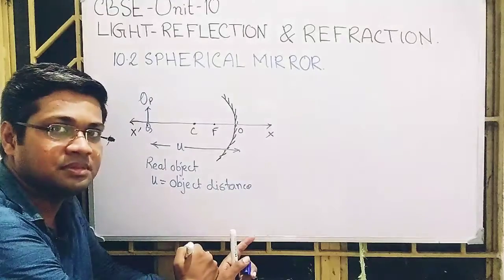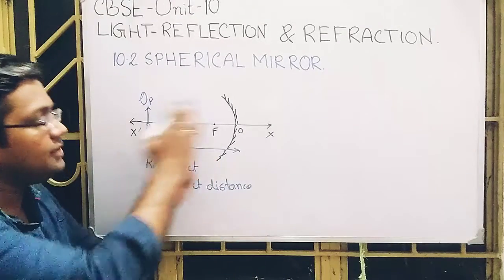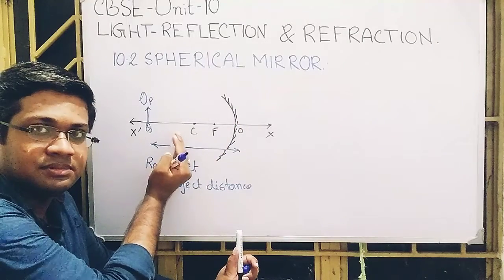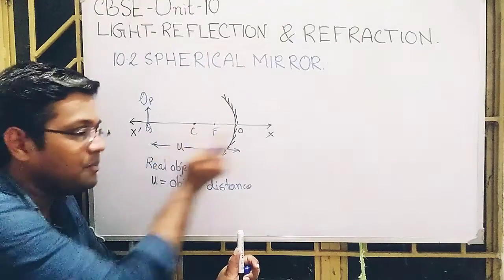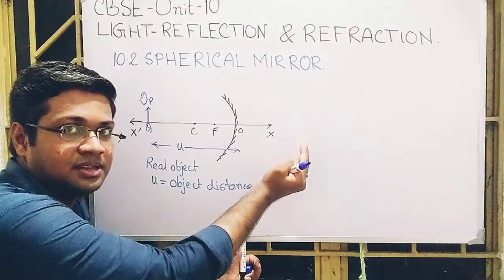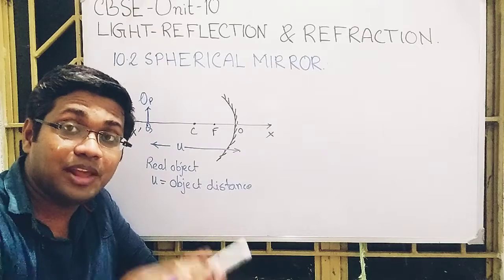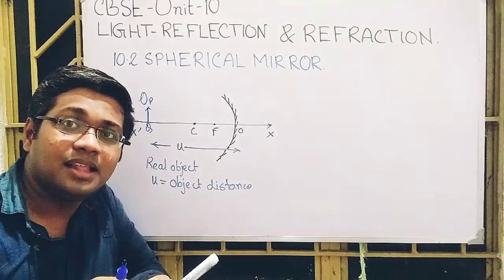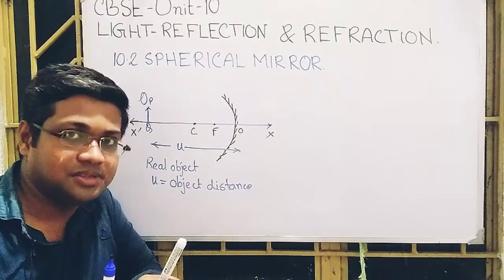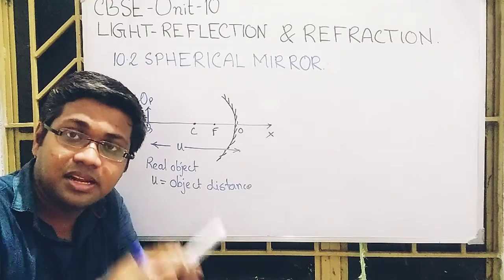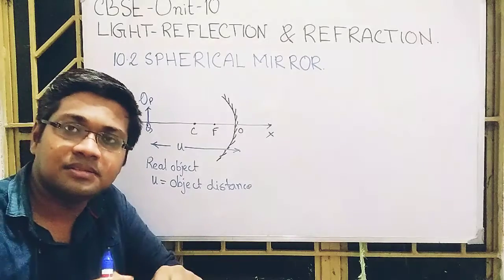Now after reflection, the images may be formed on this side, in front of the mirror, or behind the mirror. You know from the previous lectures that if the images are formed in front of the mirror, they are called real images, because they are formed by actually intersecting reflected rays.